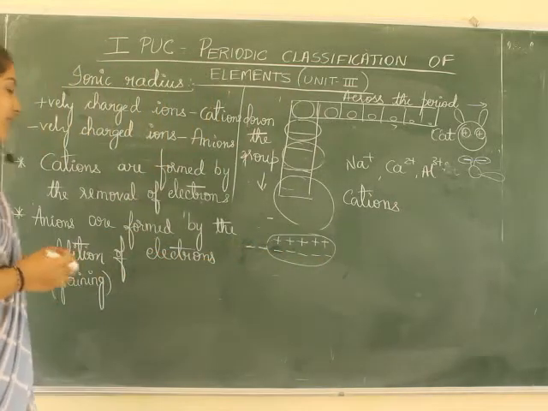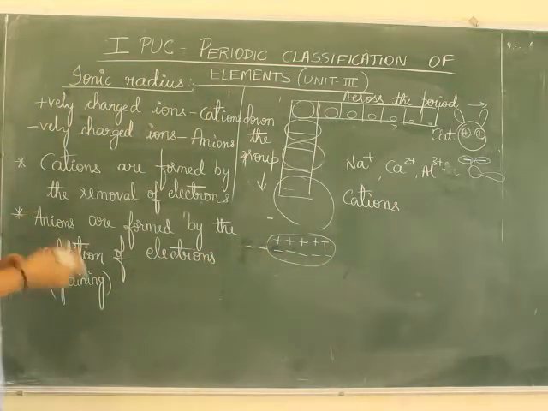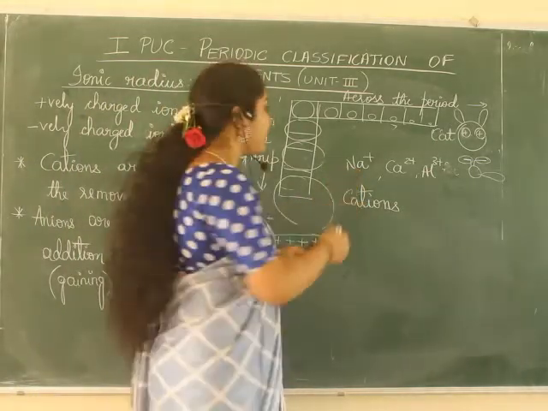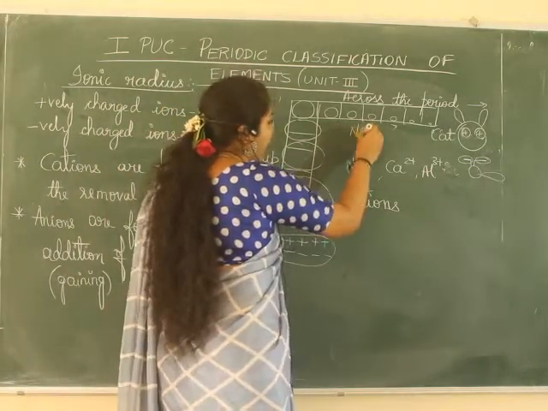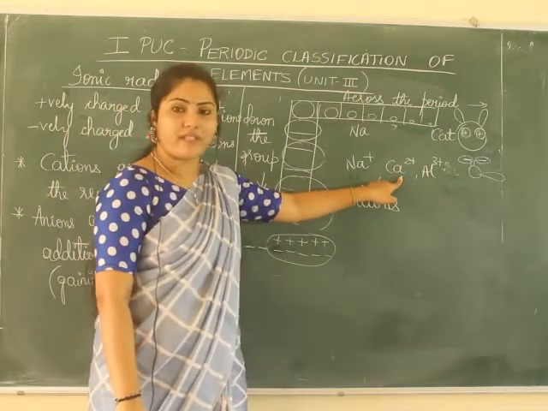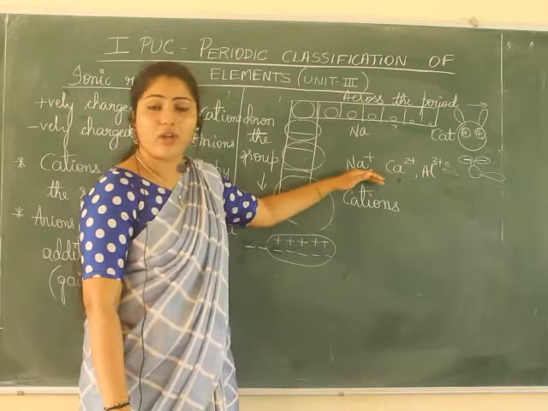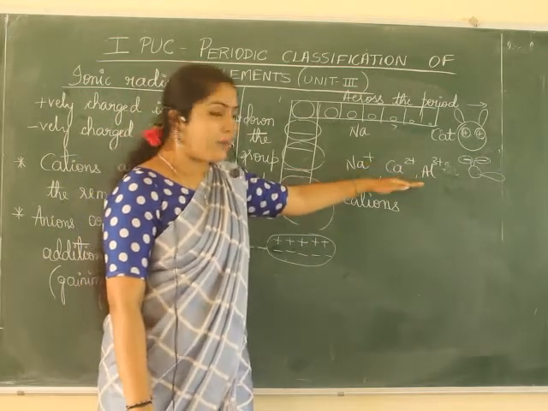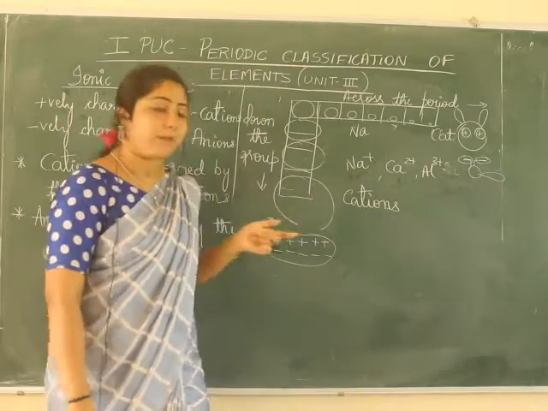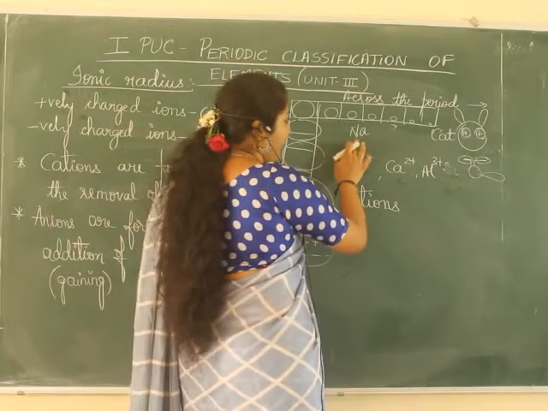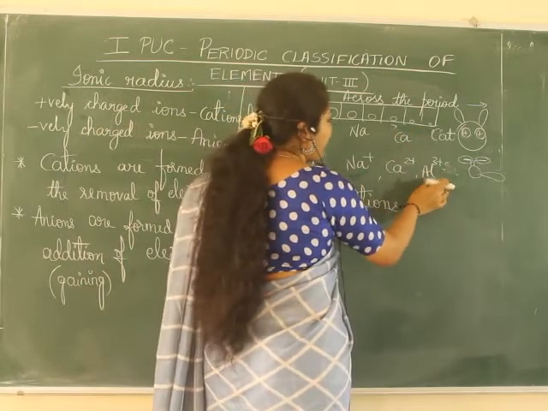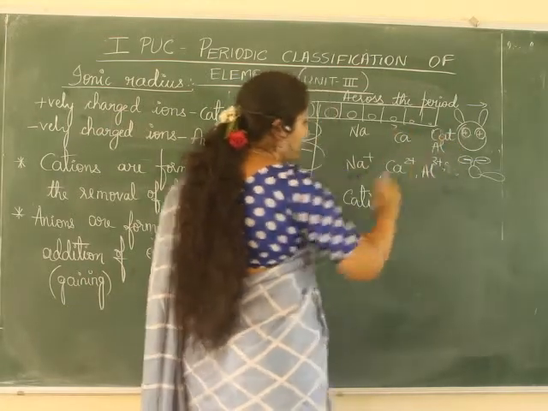Now you imagine, will they have size larger or less than the parent? Now say, what is the parent of Na+? Parent of Na+ is Na. Now you don't call it an atom, you call it a sodium ion, calcium ion, aluminium ion. Which is their parent atom? Parent atom of Na+ is Na, Ca2+ is Ca, that is calcium, Al3+ parent is Al.